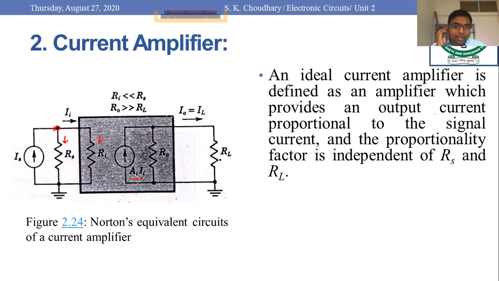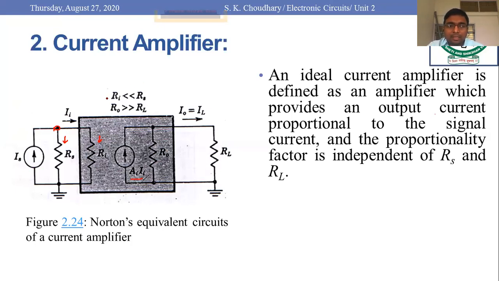Now, what are the important conditions for this circuit to work as a current amplifier? Again, in this circuitry, the dashed line or encircled components are the inherent components of the amplifier, and the rest, IS, RS, RL, are the external components.